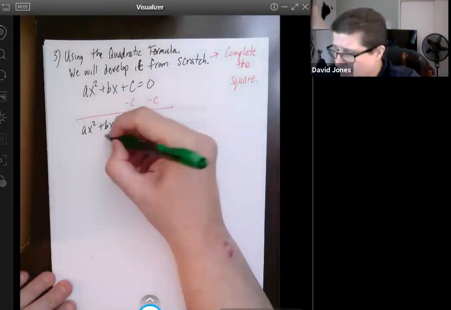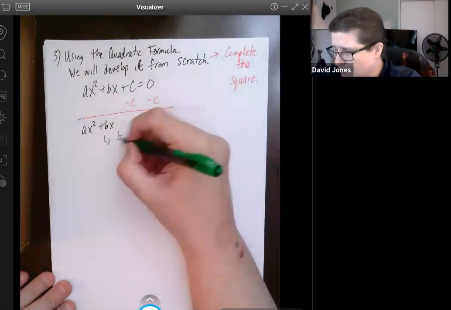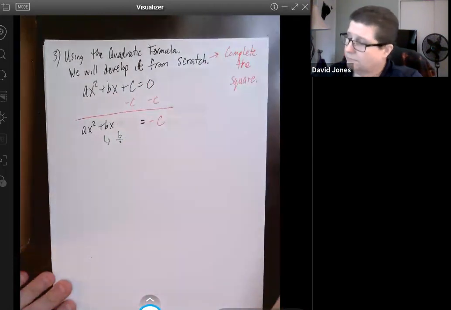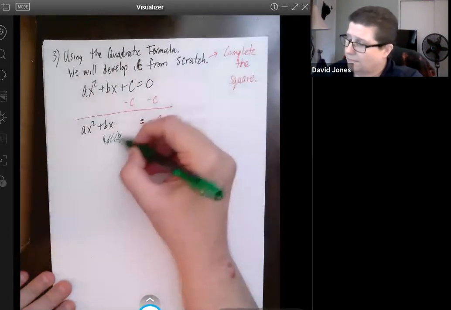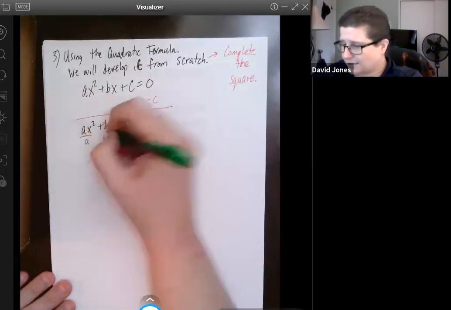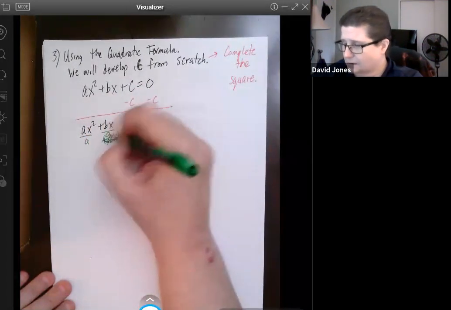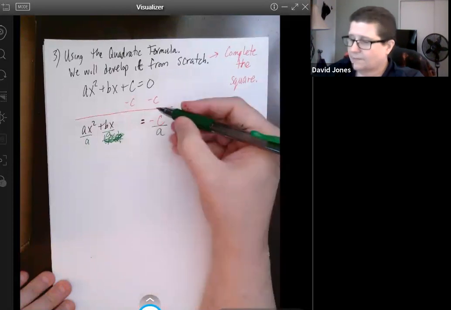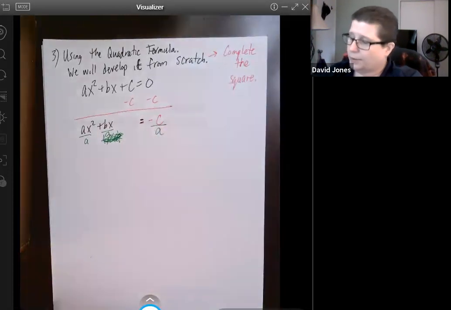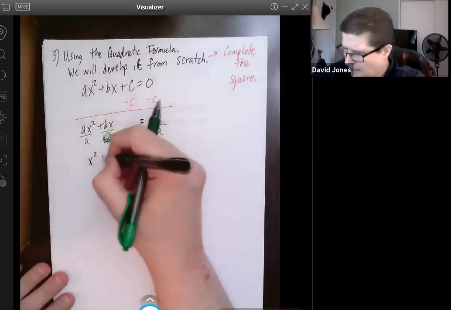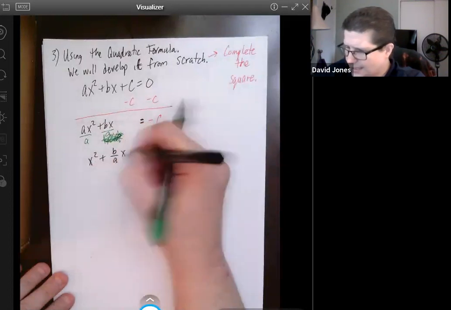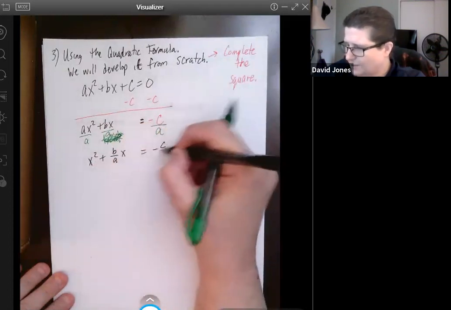I then take the b, I divide it by 2. Got to divide by a first. And I get x squared plus b over a x equals negative c over a.